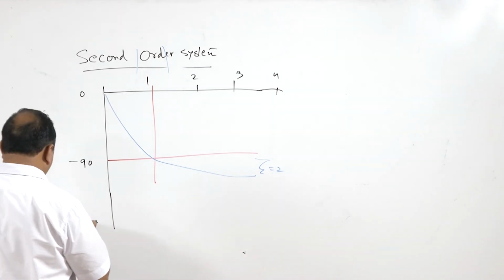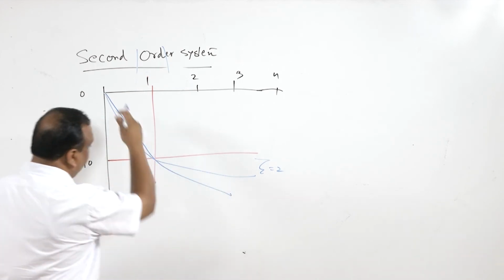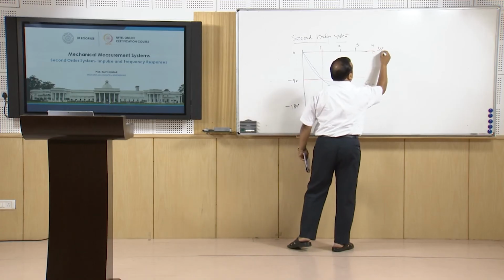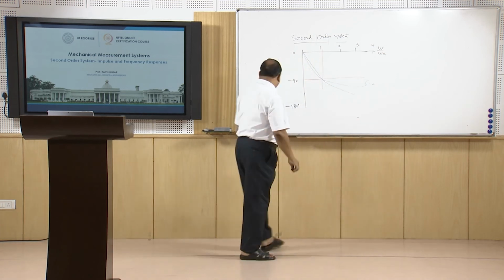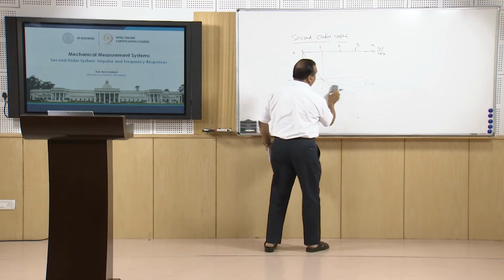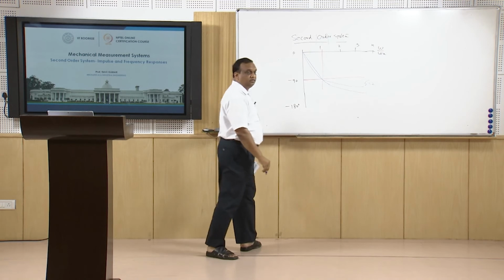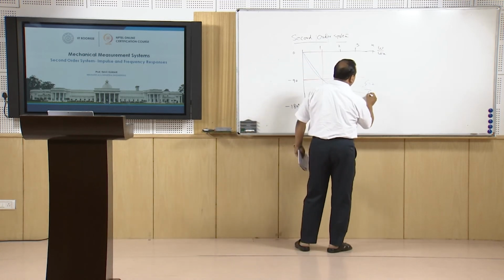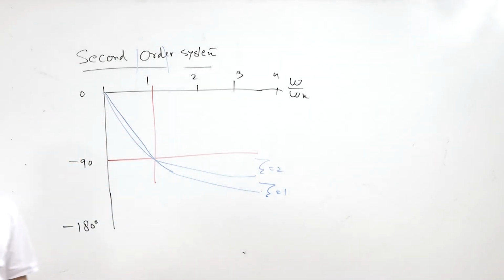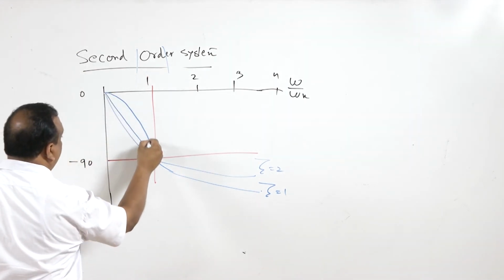Zeta is equal to 1 will be something like this. The slope will start increasing. This is zeta is equal to 1. Then we will go for the underdamped system. When the underdamped system is there, then it will start taking this type of curvature.